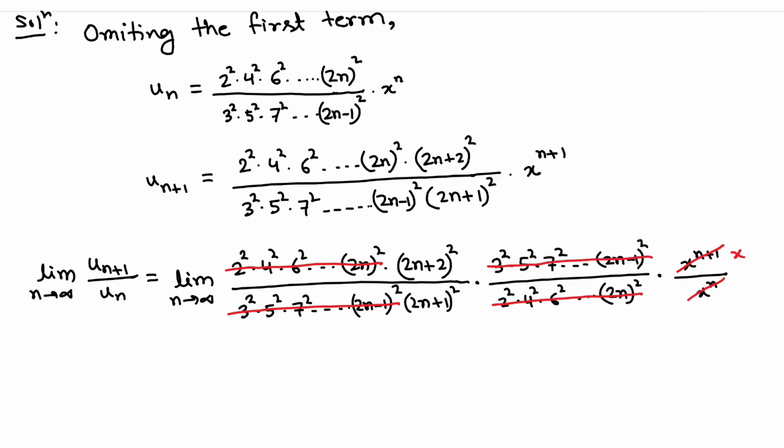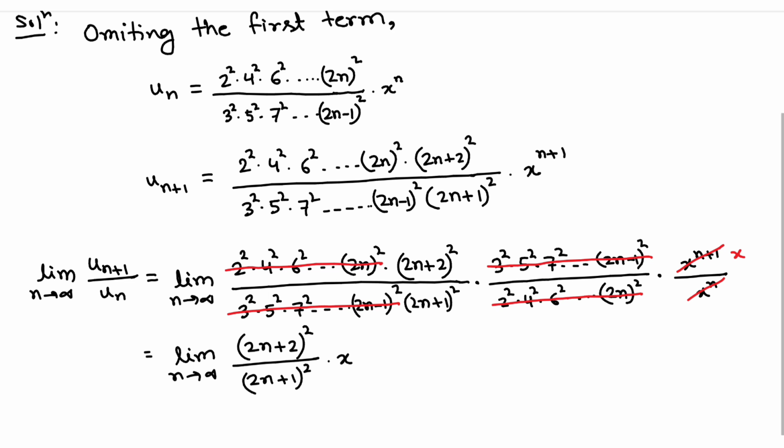So what is the next line? Limit n tends to infinity, you are getting 2n plus 2 whole square divided by 2n plus 1 whole square into x. This equals limit n tends to infinity.